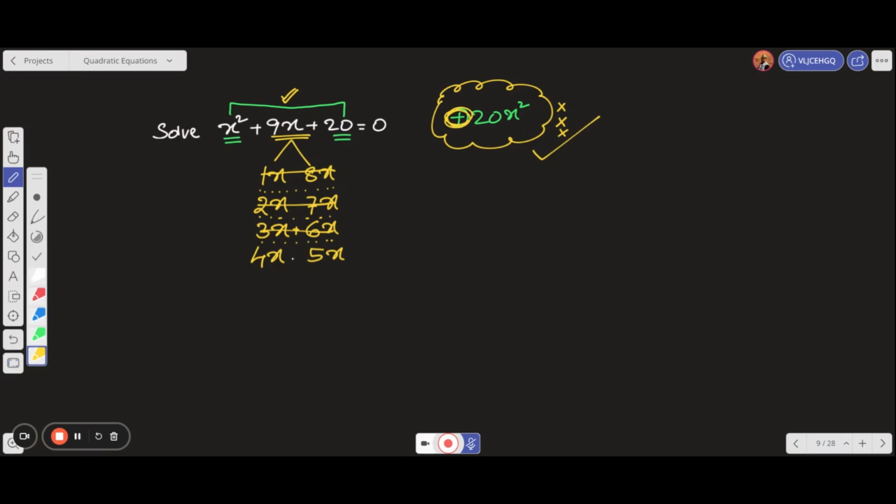So let me bring it down, which is x squared plus 4x plus 5x, and let me bring it down this one. So this is 20. Now, do you see something same in the first two terms? I see that in both these terms I have x.